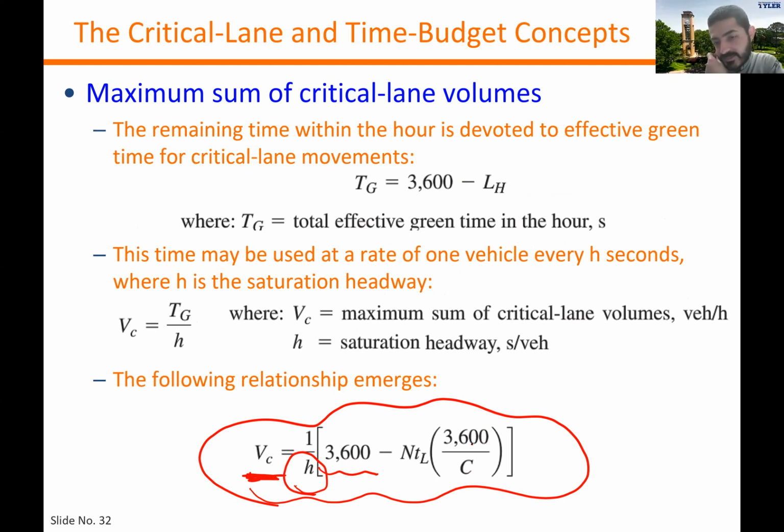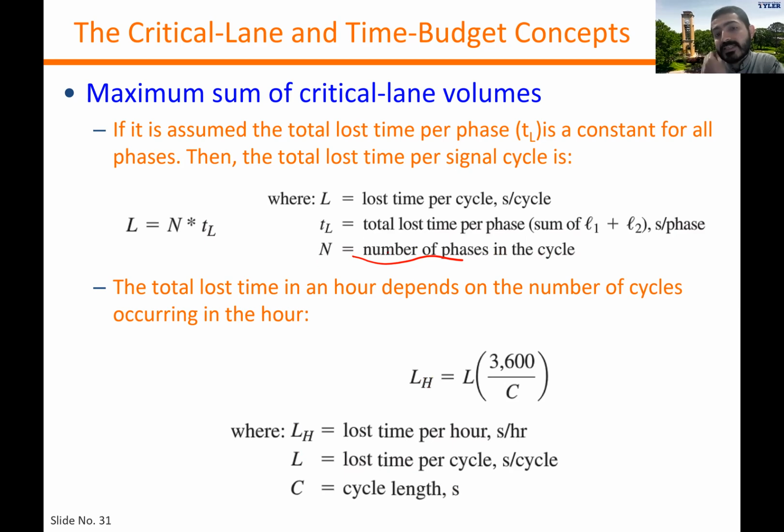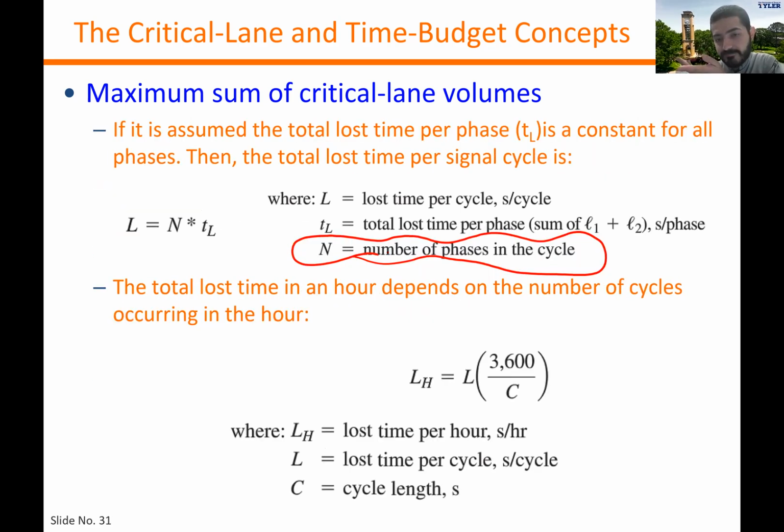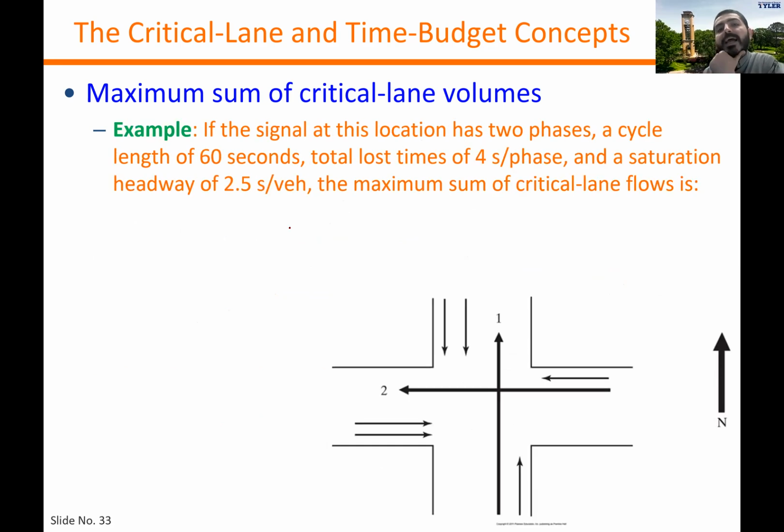3600 seconds over C, where C is the cycle length. N, which I defined for you previously, is the number of phases in the cycle, and TL is the total lost time. And we had an example here.